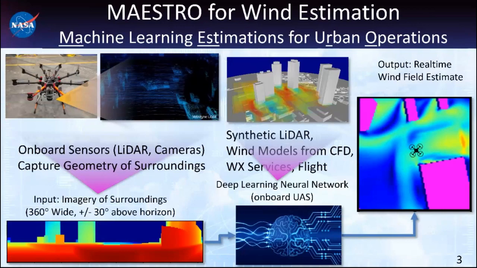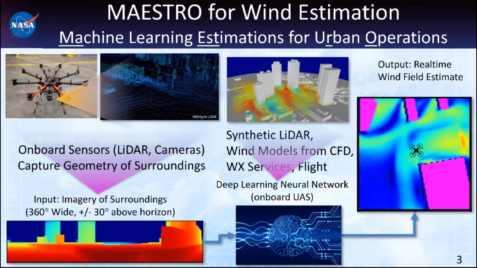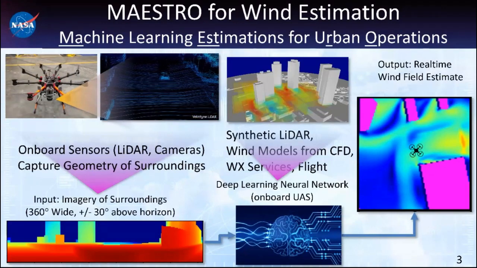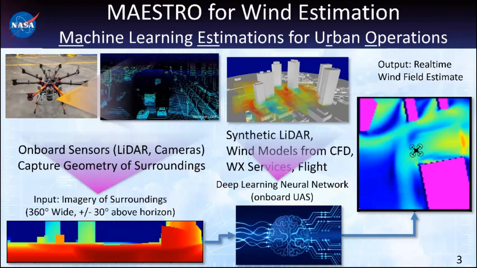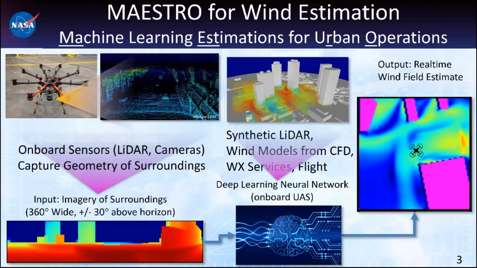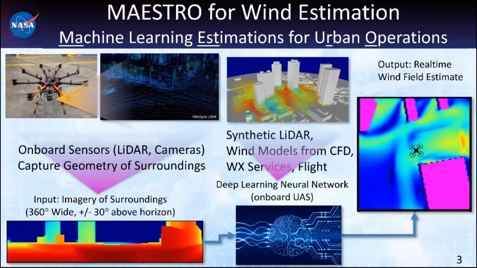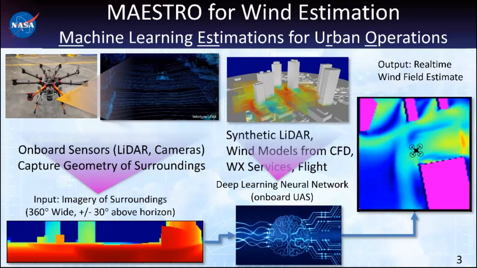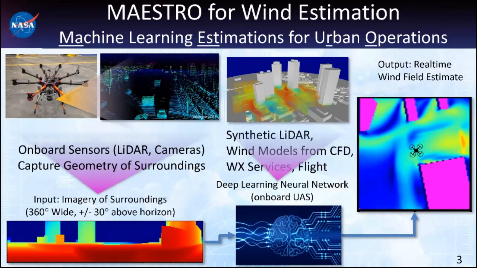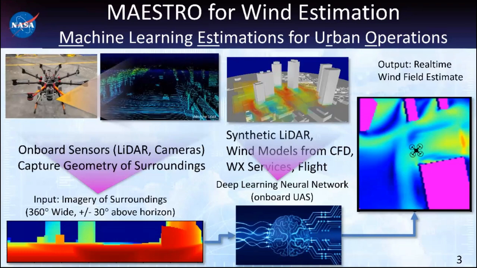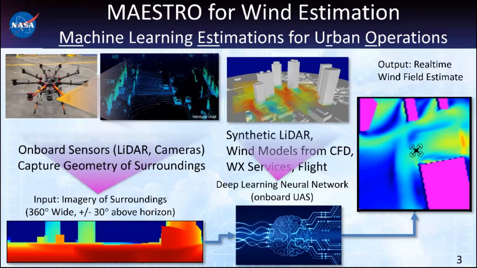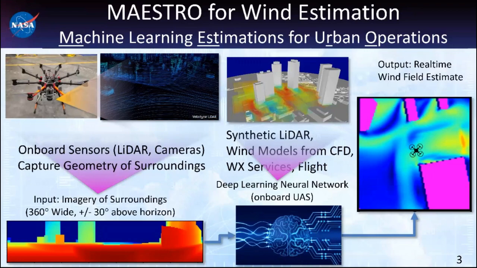So our system is entitled Maestro, an acronym for Machine Learning Estimations for Urban Operations. It's a combination of low SWaP (size, weight, and power) sensors with wind models and deep learning neural networks to provide onboard real-time estimates of the local winds.